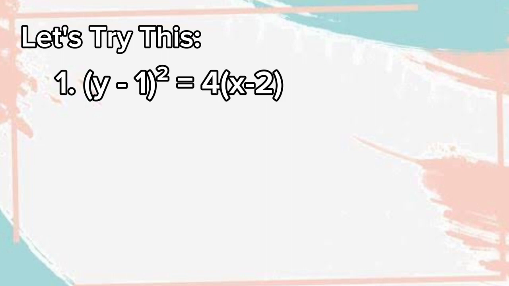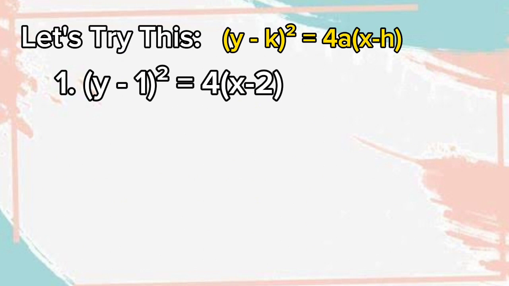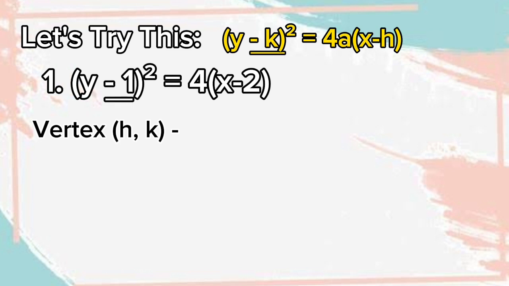So we have y minus 1 squared is equal to 4 times x minus 2. This equation is y minus k squared is equal to 4a times x minus h. First, we need to identify or find out its h and k, which is our vertex. It is easy to determine where the vertex is here. Since we have y minus 1, 1 will be the representative of our k.